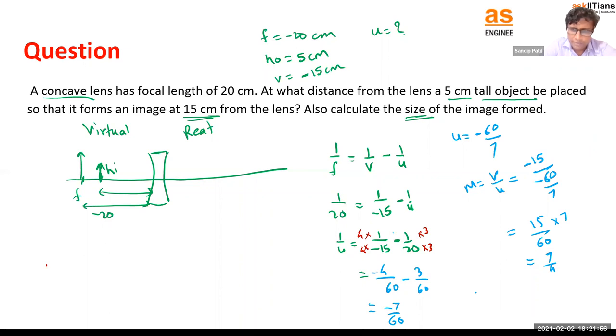That should have been 1 by 60. No? So U is minus 60 by 7 we are getting. Okay. So this should look like our answer.